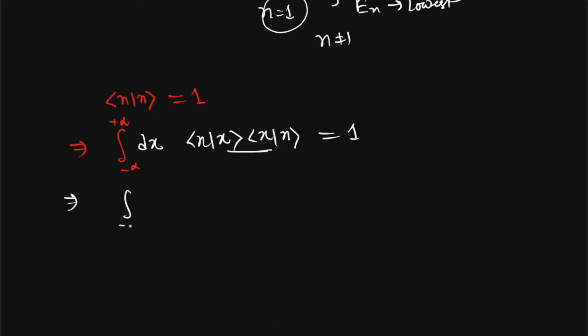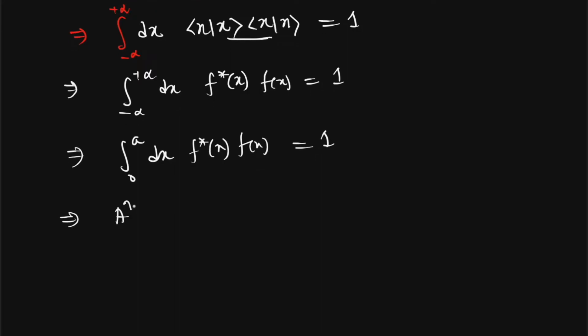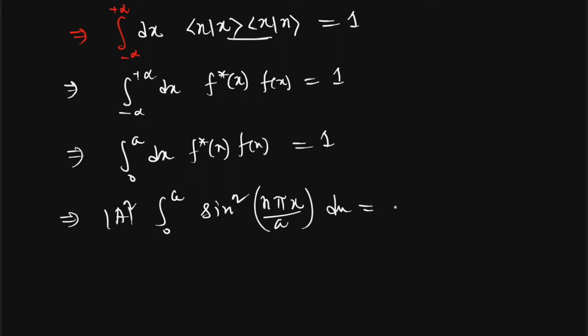That means the integral from minus infinity to plus infinity of dx f*(x) f(x) is equal to 1, and since f(x) is non-zero only between 0 to a, the integral of f*(x) f(x) dx should give 1. That means |A|² times the integral from 0 to a of sin²(nπx/a) dx should give 1.